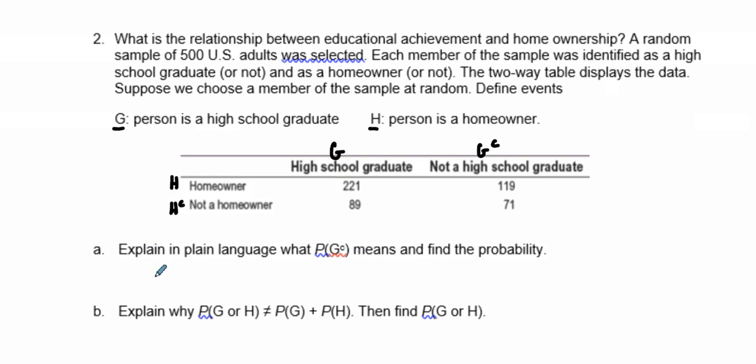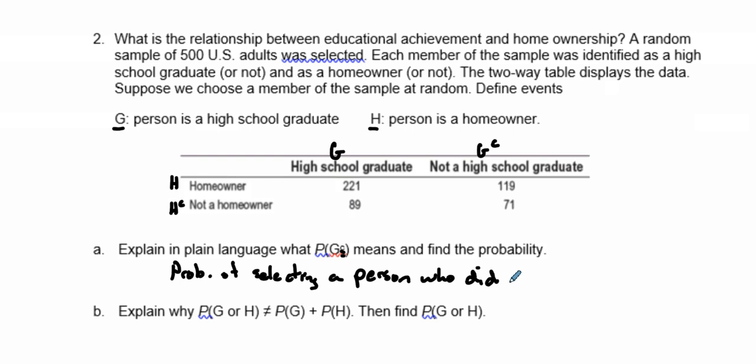Well, essentially that means it's the probability of selecting a person who did not, and that's where the C is, does not graduate high school.